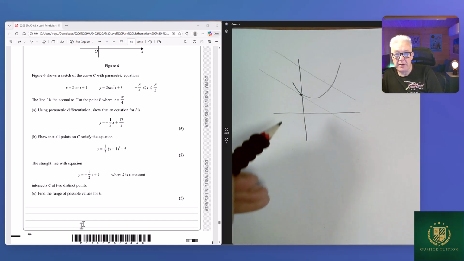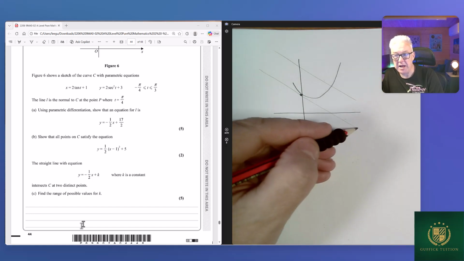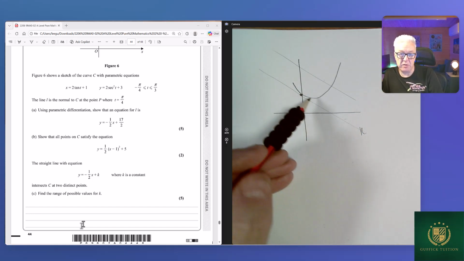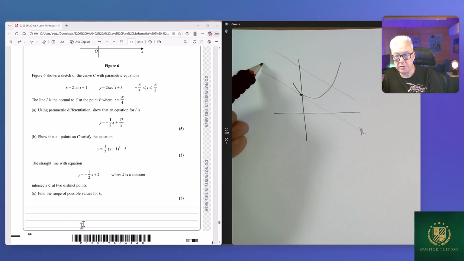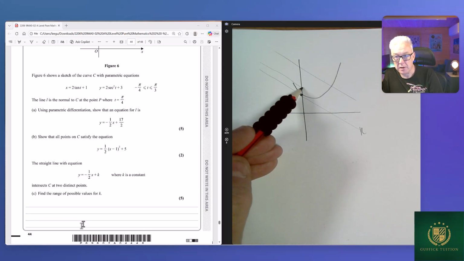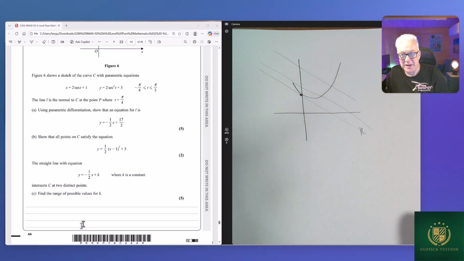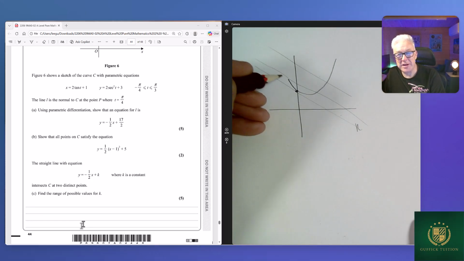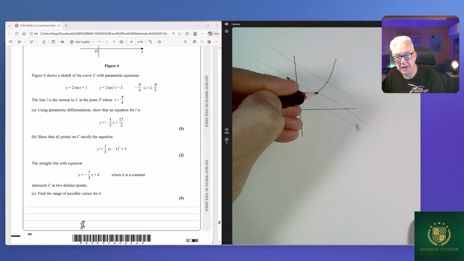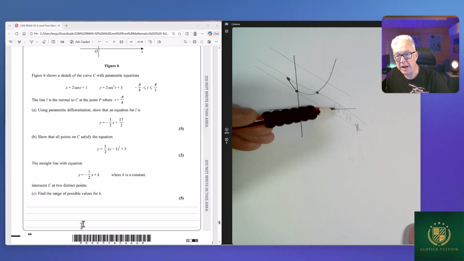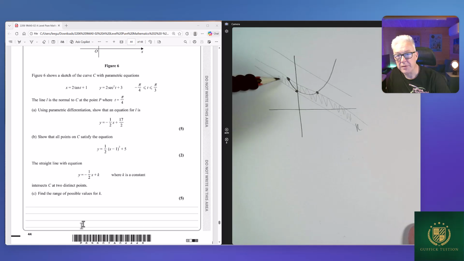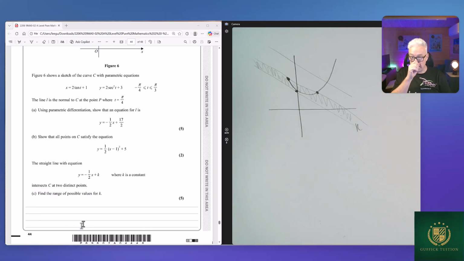Now, if the value of k is greater than that value, we're going to get 2 solutions, all the way up until we get to this point here, at which, that's the world's dodgiest line I've drawn, but at this point here you can see that we have 2 solutions. So everywhere in this narrow band of values of k, there are going to be 2 solutions, 2 points of intersection between that line and that curve.